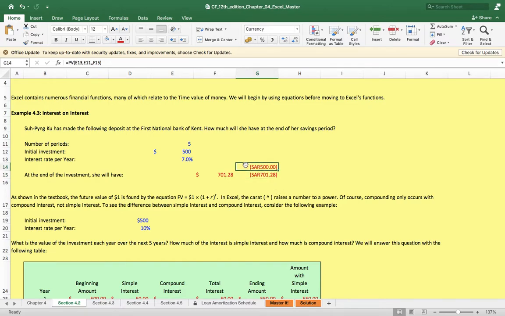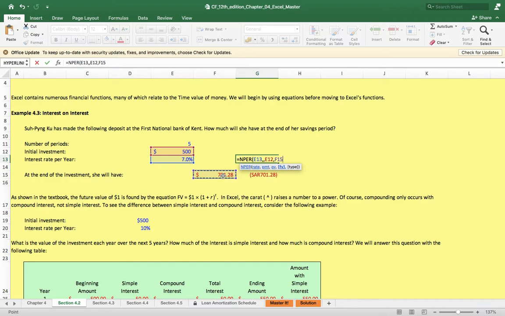Similarly, the number of periods also you can calculate using NPER. It is asking the rate, 7%. PMT we don't have, so comma. Present value 500. Future value 701. Enter.